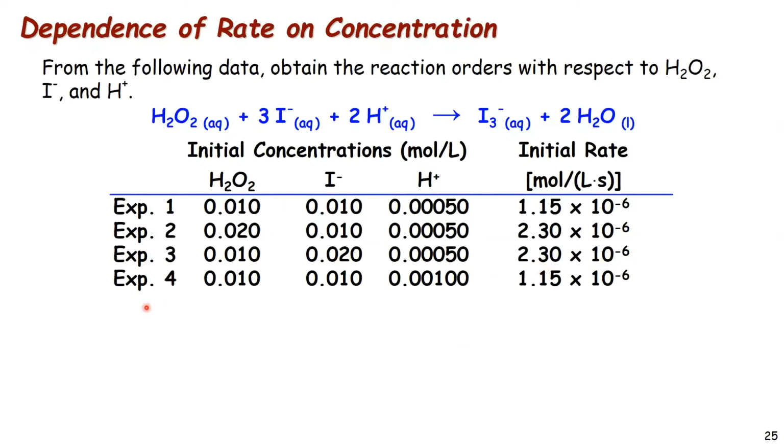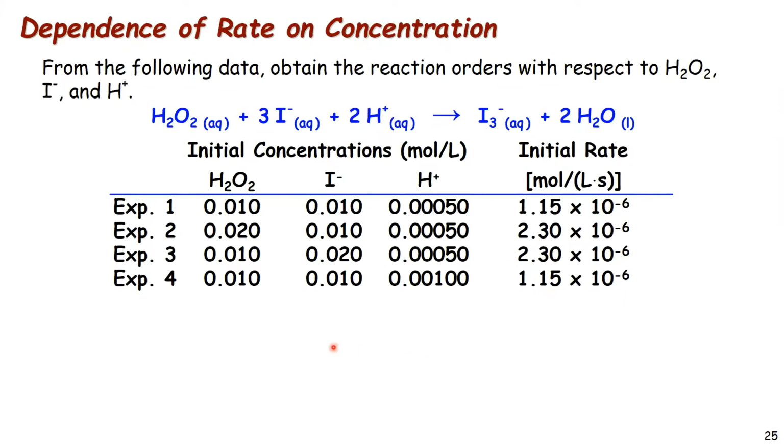And then finally in experiment 4, the concentration of the hydrogen peroxide is the same as the first experiment, iodide same as the first, but this time I doubled the concentration of the hydrogen ion, and again measured the rate.